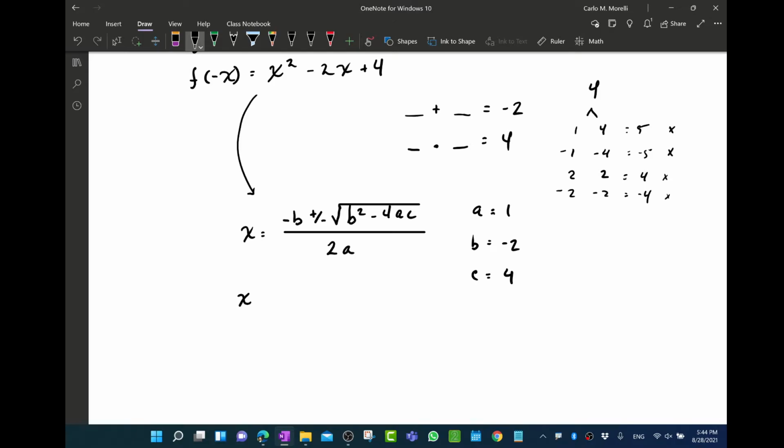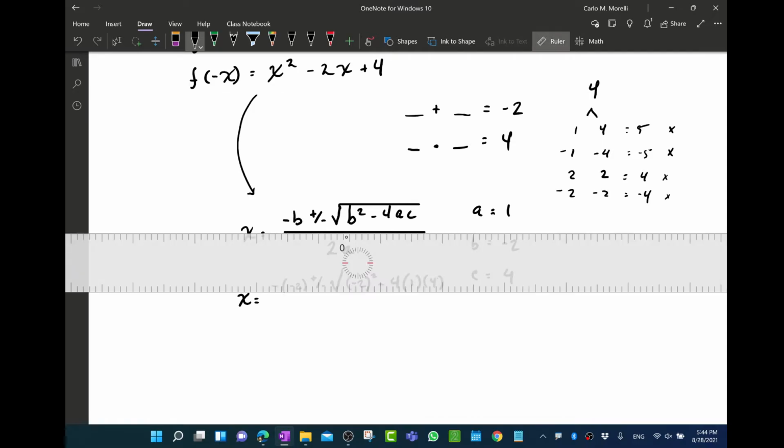So x equals negative b. Well, that would be negative negative 2. So I'm going to write it all out. Negative negative 2 plus or minus the square root of b squared, so that's going to be open parentheses, negative 2, close parentheses, squared, minus 4, open parentheses, 1, close parentheses, open parentheses, 4, close parentheses.